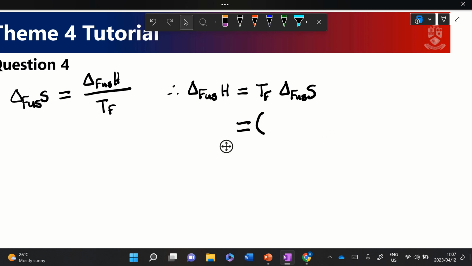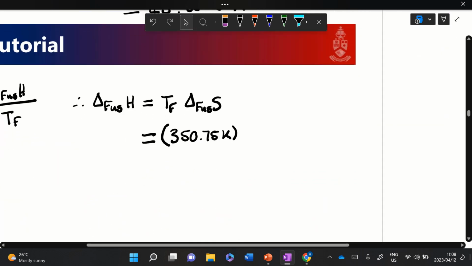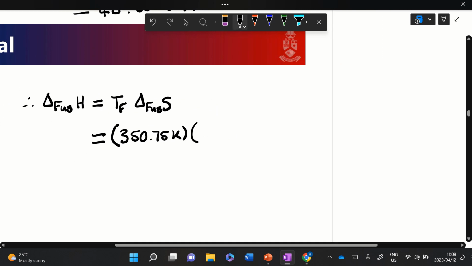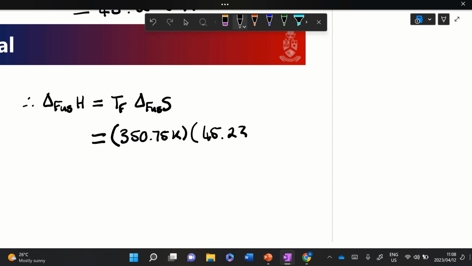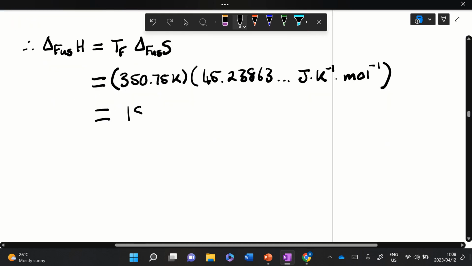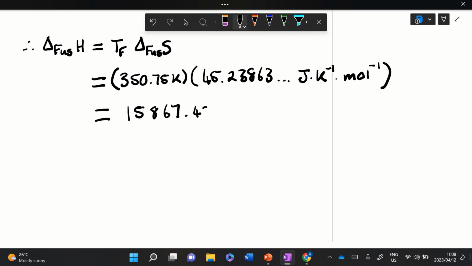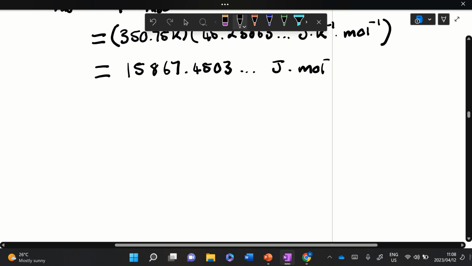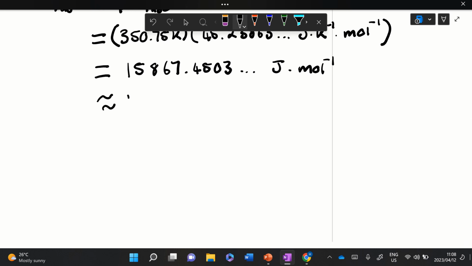Our freezing temperature is 350.7 Kelvin, times 45.23863 and so on joule per Kelvin per mole, which is equal to 15867.4503 and so on joule per mole, which is then rounded off to 15.9 kilojoule per mole, to 3 significant figures.